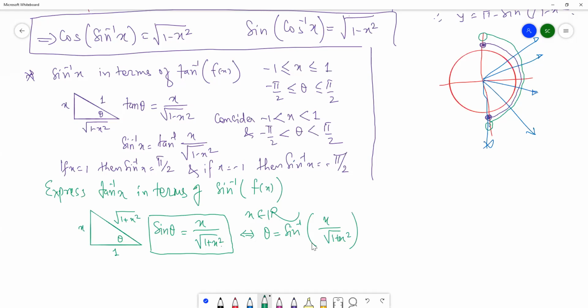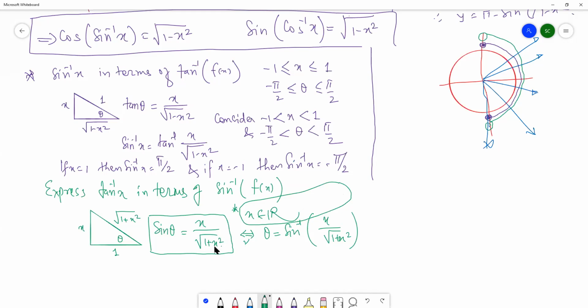If we are saying that these two statements are equivalent, we have to do this checking. Check whether x is acceptable. Check whether theta is in the desired range or not. You need to do this checking every time you try to invert.